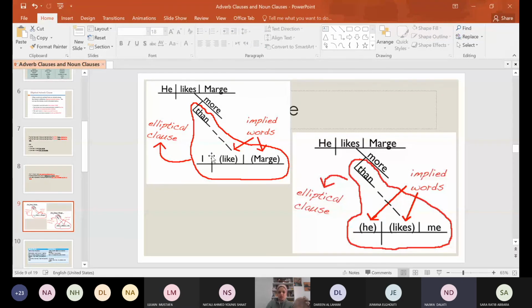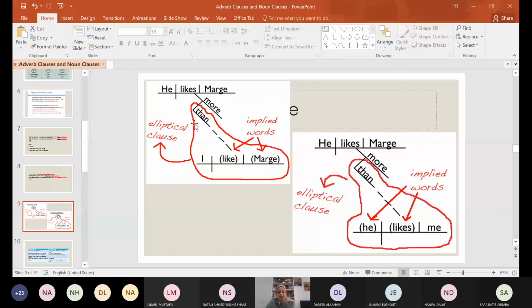So how did we know if there are no verbs? Because he likes Marge more than I like Marge. These were the independent clause and the dependent clause.